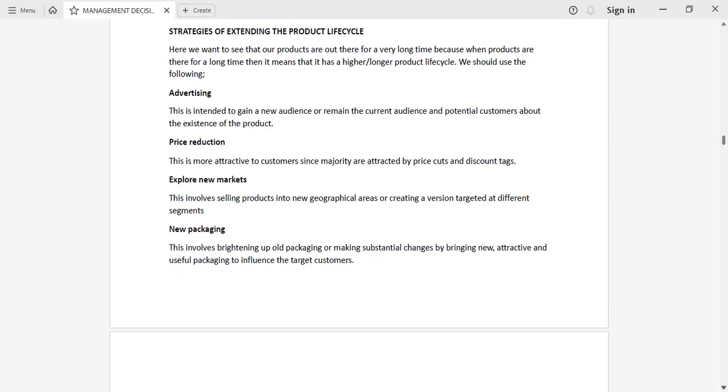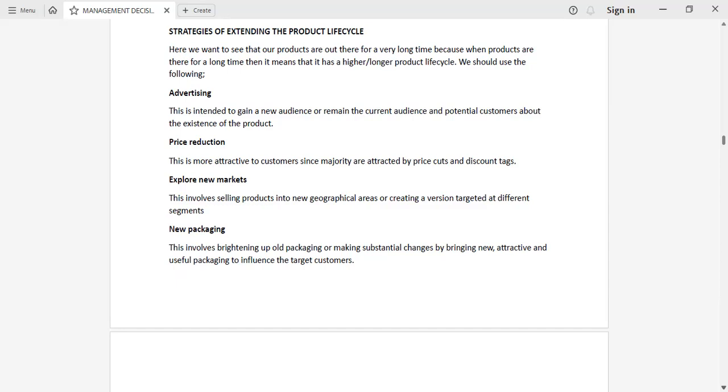Just like the way you see these detergents, they changed their packaging and brought something a bit brightening, and you can see that they are laying a strategy to attract more customers.